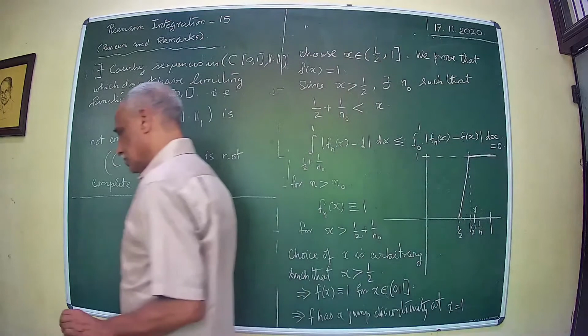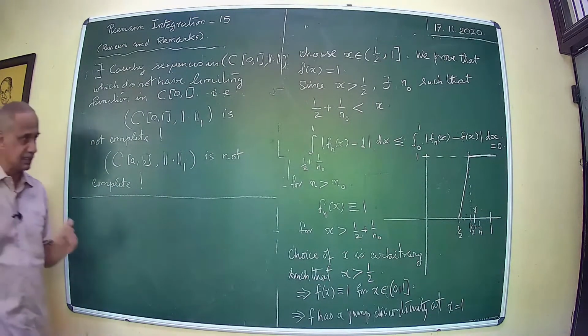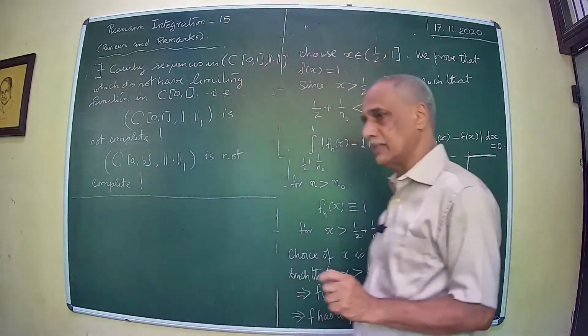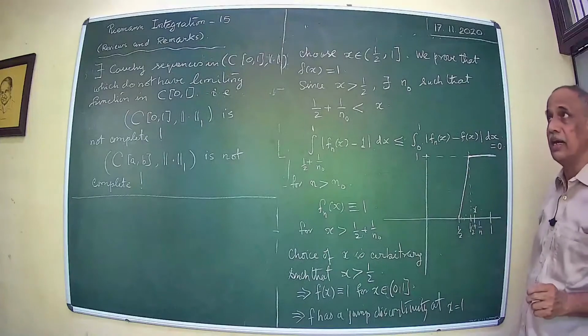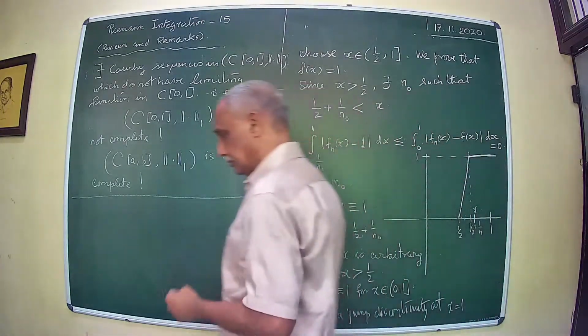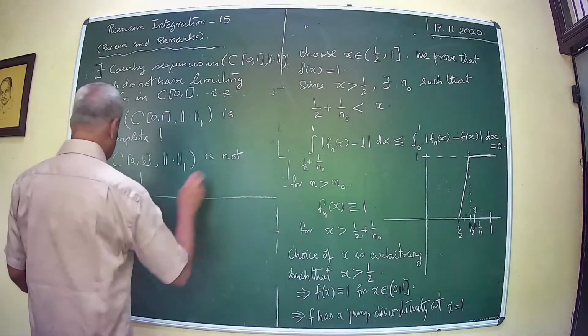Okay. So one of the questions that immediately comes up in your mind is this. You know that the sequence of functions that we have constructed is not Cauchy in the L1 norm. So this is the computational proof.